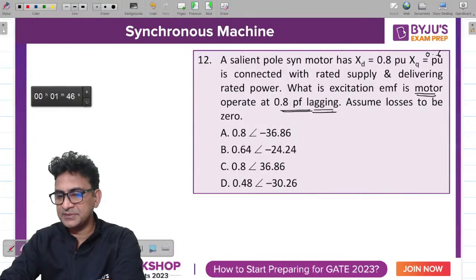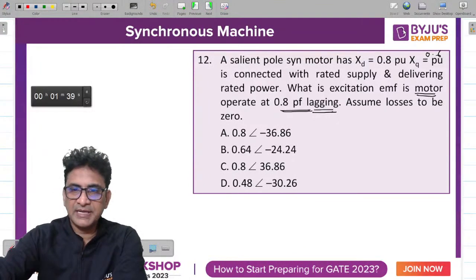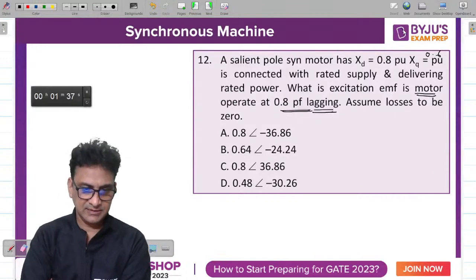XD and XQ are the same. The question is the same. Only in place of leading load, it has the lagging load.